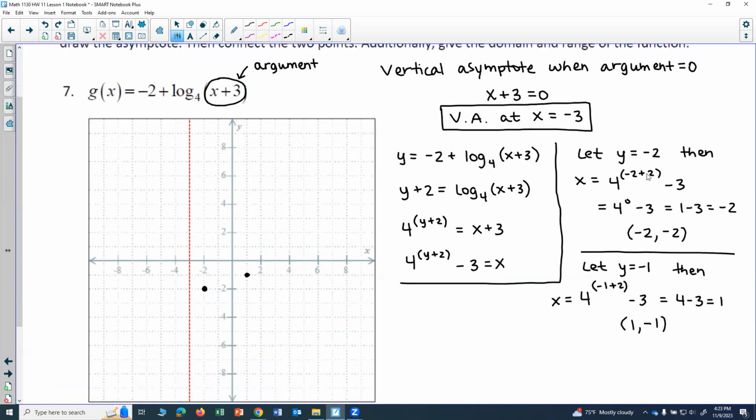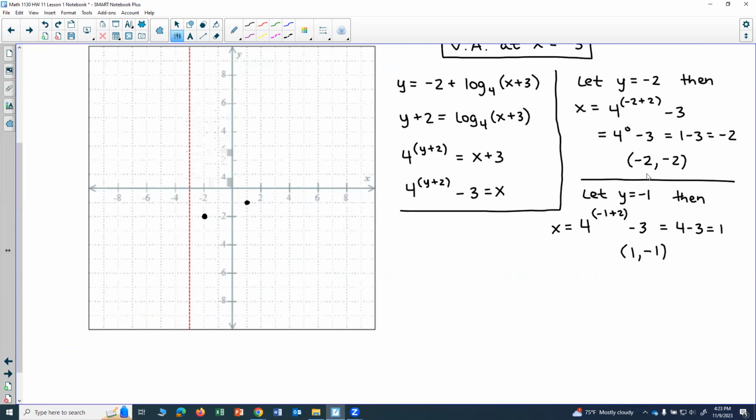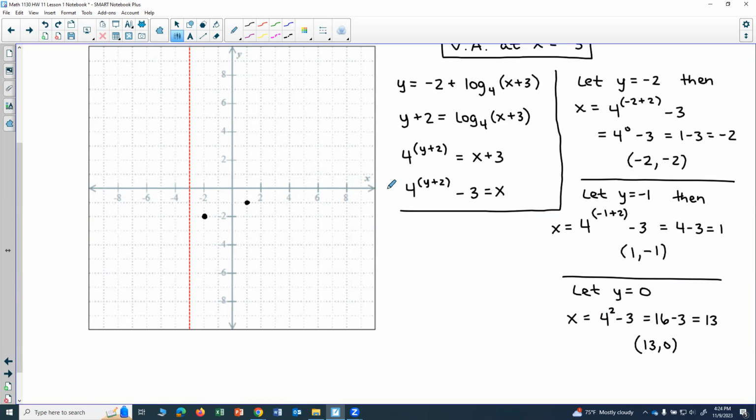And because I'm plotting this by hand, it won't hurt me to get a third point to try to get more accuracy. So I might pick a third y value. Let's say y equals 0. Then I'm going to get x equals 4 squared minus 3. So that will give me 16 minus 3, which is 13. So a third point would be (13, 0), but that's actually off my grid.